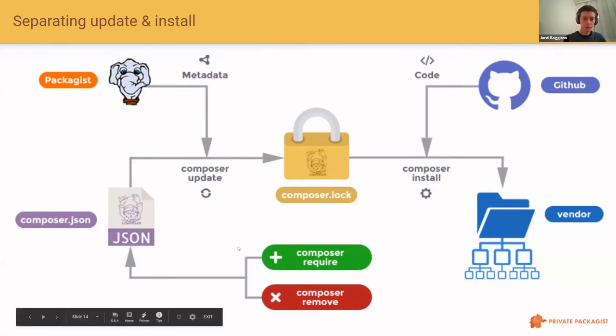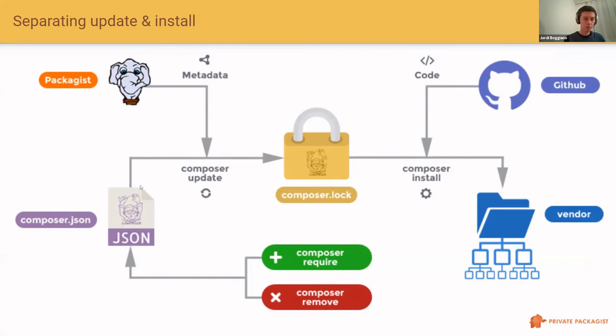So in Composer 2, if you run a Composer require or a Composer remove, for example, this will just modify your composer.json, and then internally it runs a Composer update.